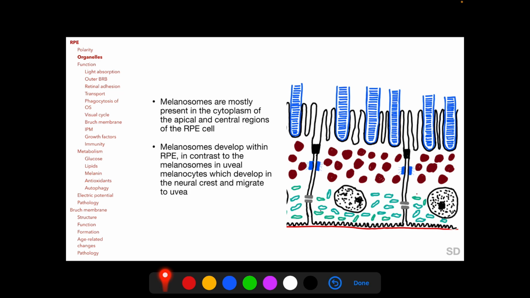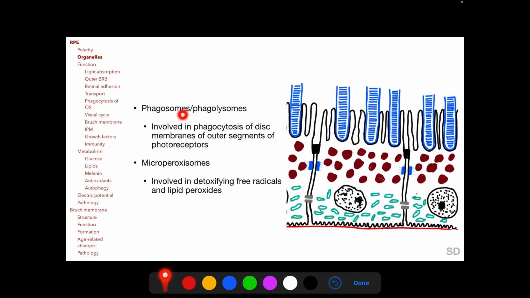Melanosomes are mostly present in the cytoplasm of the apical and central regions of the RPE cell. The phagosomes and phagolysosomes are involved in phagocytosis of disc membranes of the outer segments of the photoreceptors, and we'll be discussing this process further. And microperoxisomes have antioxidant functions and are involved in detoxifying free radicals and lipid peroxides.